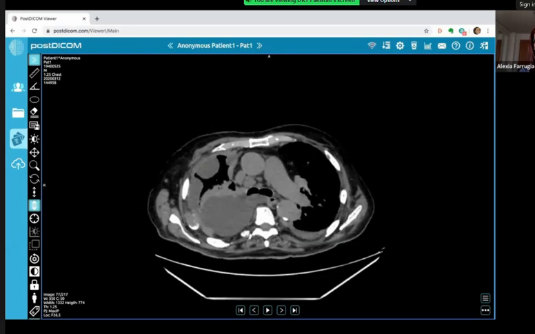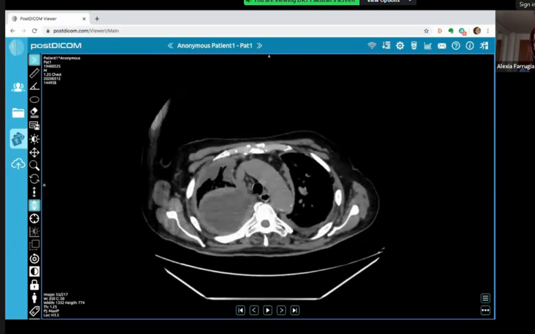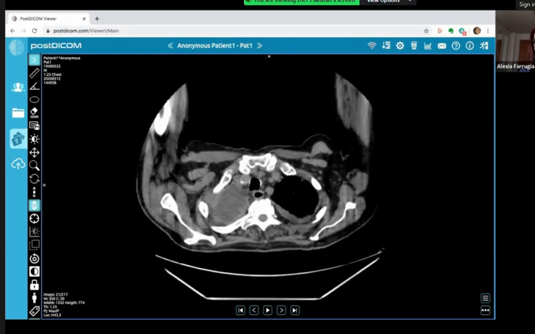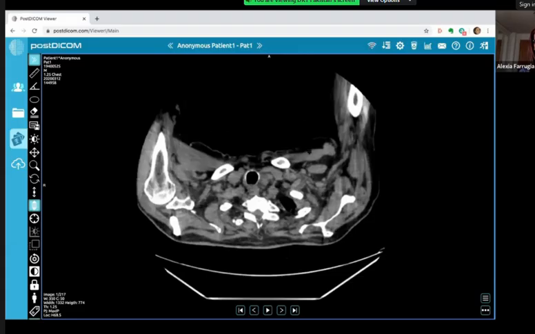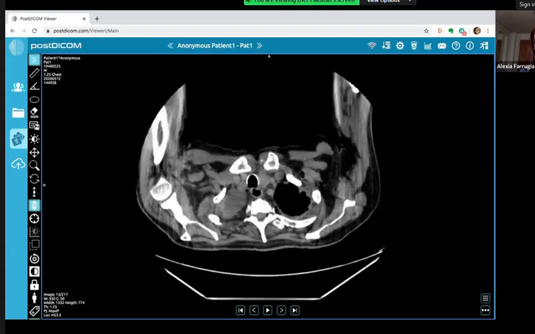If we go back to the first couple of slices, there's a left thyroid lobe, but there's no right thyroid lobe and no isthmus.